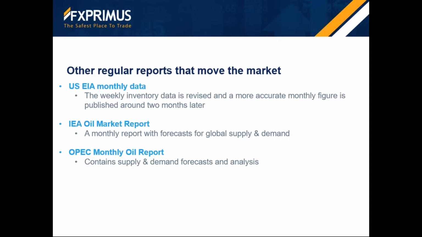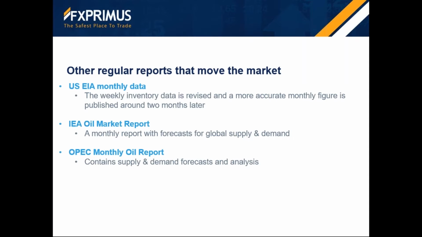Other regular news items are the International Energy Agency, a Paris-based agency of oil-consuming countries, which puts out a monthly report on oil, and also OPEC itself puts out a monthly oil report. Both of these include forecasts for supply and demand. In particular, changes in the IEA's forecast for global oil demand can move the market.